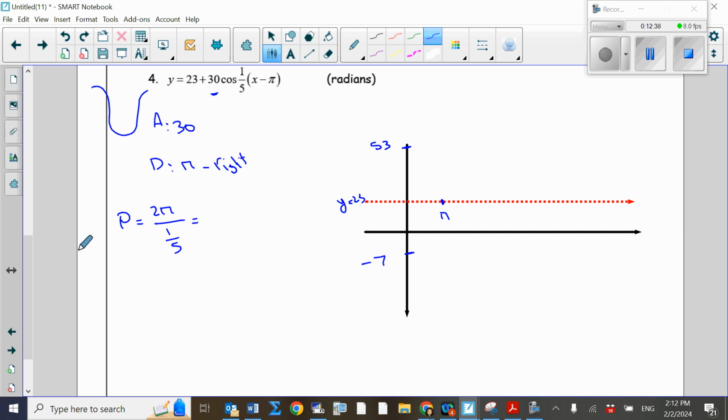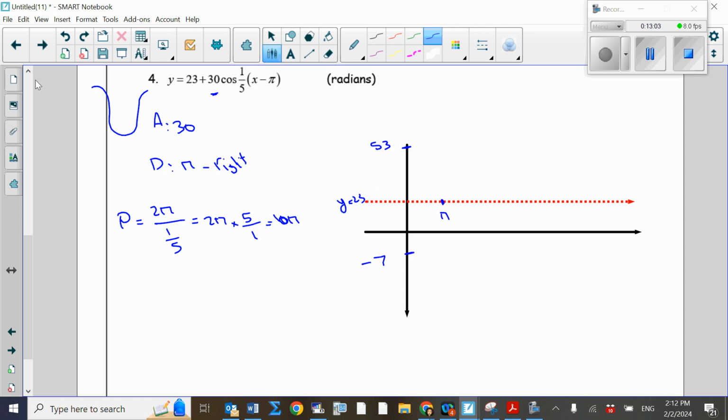How do I calculate this? Keep, change, and flip. So keep the top, change the division to multiplication, and flip the bottom. So this will be 10 pi. Okay, so 10 pi is the one period of the function.